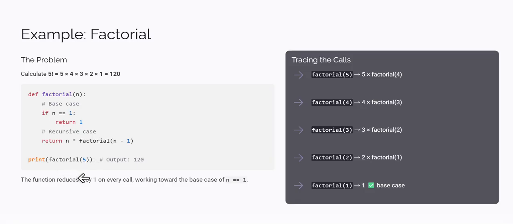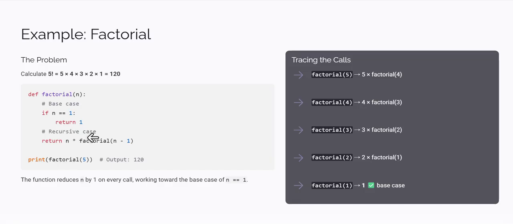Okay, so the function reduces n by 1 on every call, working towards the base case n equals 1. So here you have written return n star factorial n minus 1. See here, the n here means 5 because we called the function, right?